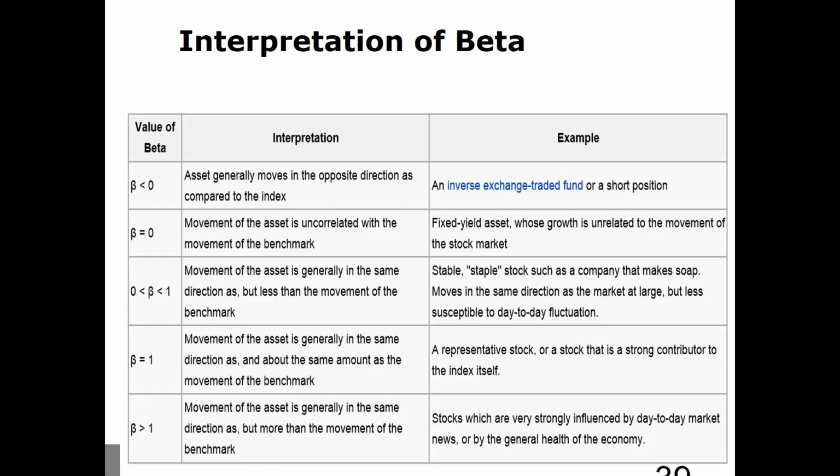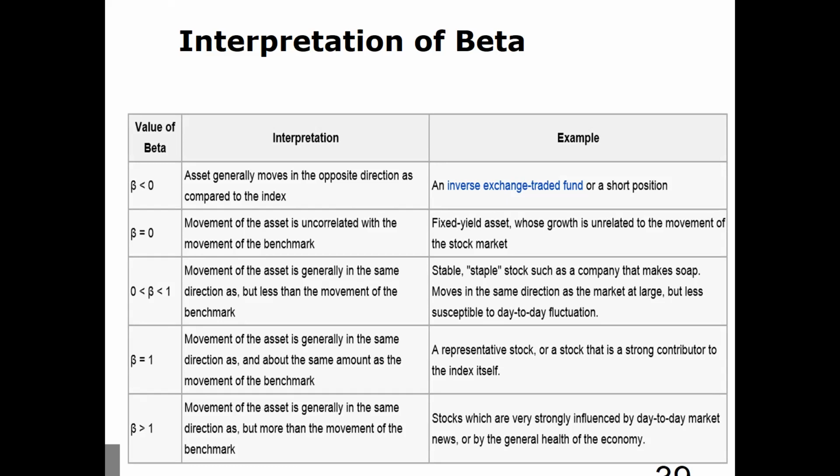But what happens if the beta is exactly 1? In that case, our asset is performing absolutely exactly the same as the benchmark index. So if the market goes up by 1%, our company will also record a 1% upward movement.